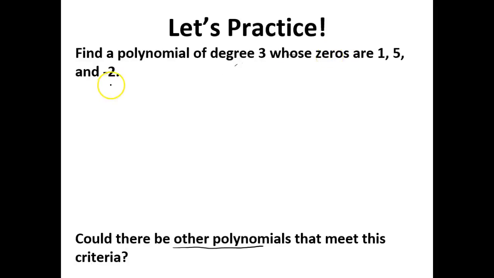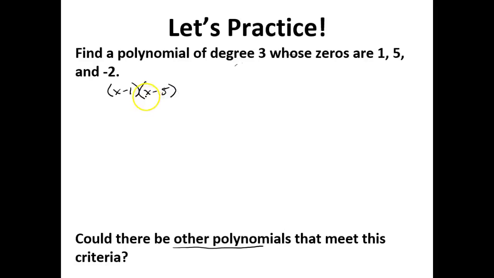When I put in a positive 1, I should get out 0. If I put in a positive 1 here, 1 minus 1 would get 0, so that part would be 0. If I put 5 in, I get 0 out.